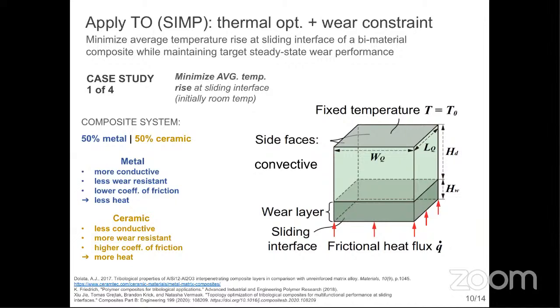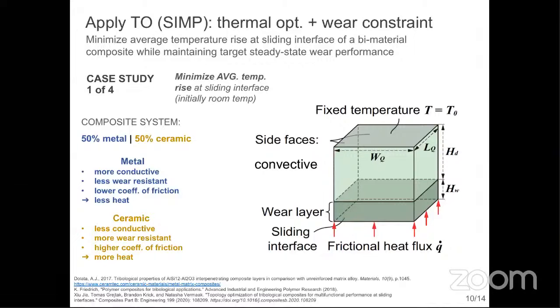So as a starting point objective, we're going to minimize the average temperature rise at the sliding interface. The example I'm showing is, again, metal ceramic. That's commonly used in automotive components like disc brakes, pistons, cylinder sleeves.